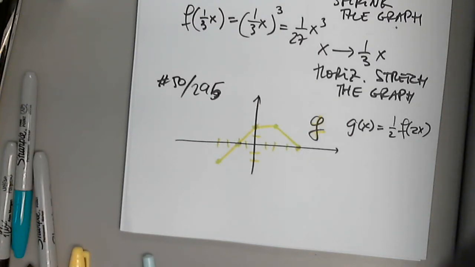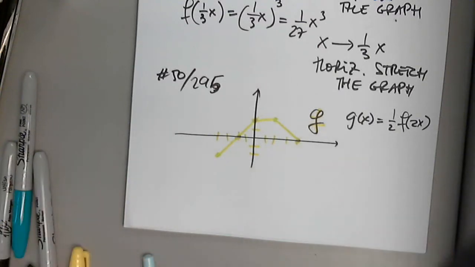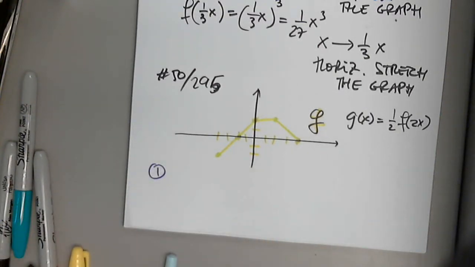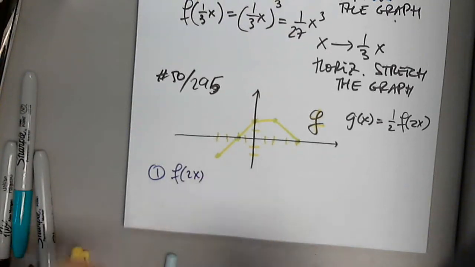Okay. So what is the first transformation we have to perform on graph f in order to graph 1/2 f of twice x? Remember the order of operations. So first I have to graph f of twice x. And this is indeed f. It doesn't say, but it has to.